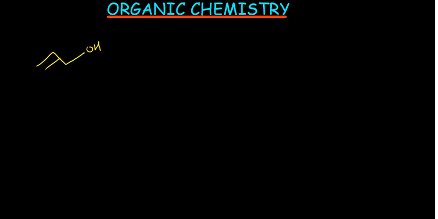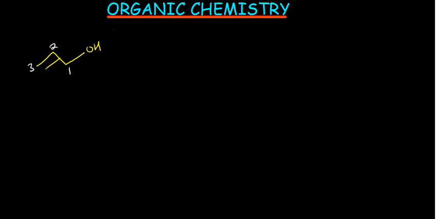Very simple one. How do we get to name this alcohol? From which direction are we going to start counting? We have got a double bond, we've got an OH. Well, we need to know that an OH has got higher priority than a double bond. So this will be position number 1, number 2, and number 3.